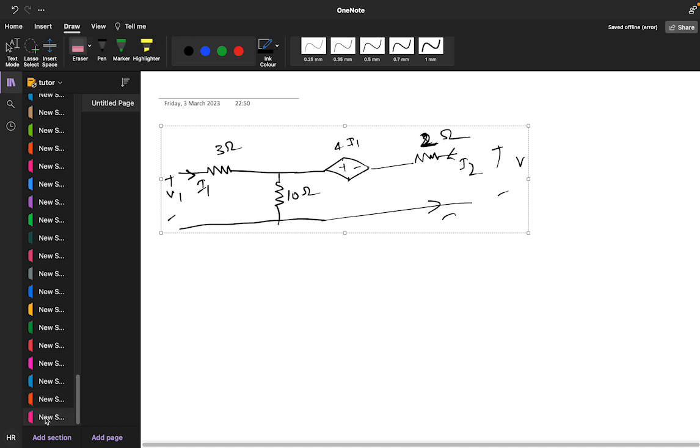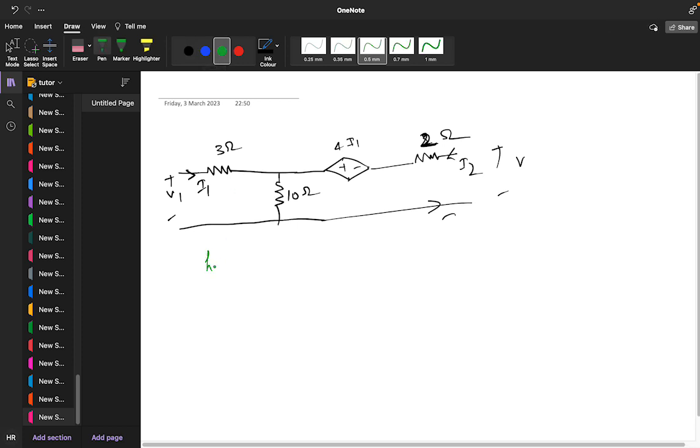H22 is I2 upon V2 when I1 is equal to 0.